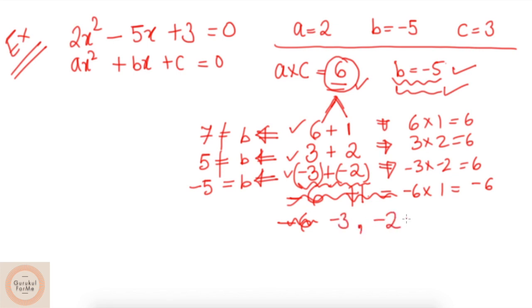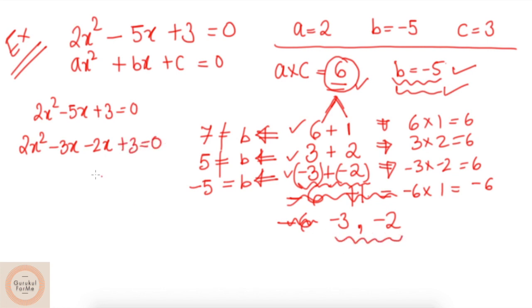How do we solve this? Now we write the quadratic equation as 2x square minus 5x plus 3 is equal to 0. Brilliant. Can I say that 2x square minus 3x minus 2x plus 3 is equal to 0? Why? The whole thing I did in order to find out these two middle values.